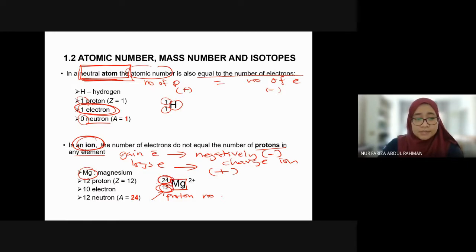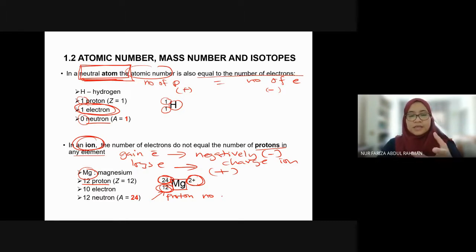And then this is the mass number. For magnesium, the proton is equal to 12. The electron, on the other hand, because it has charge here, charge 2 plus, that means it donates its 2 electrons.